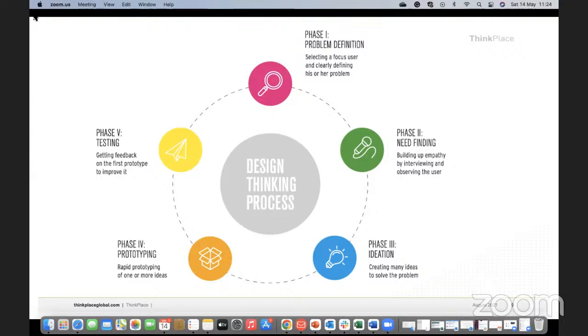Because along the HCD process, it's very important to keep track of the main problem that you're trying to solve. So that's why defining the problem is very important, because when you're defining the problem, you're defining who your target audience is, and you're able to make the ideal plan.